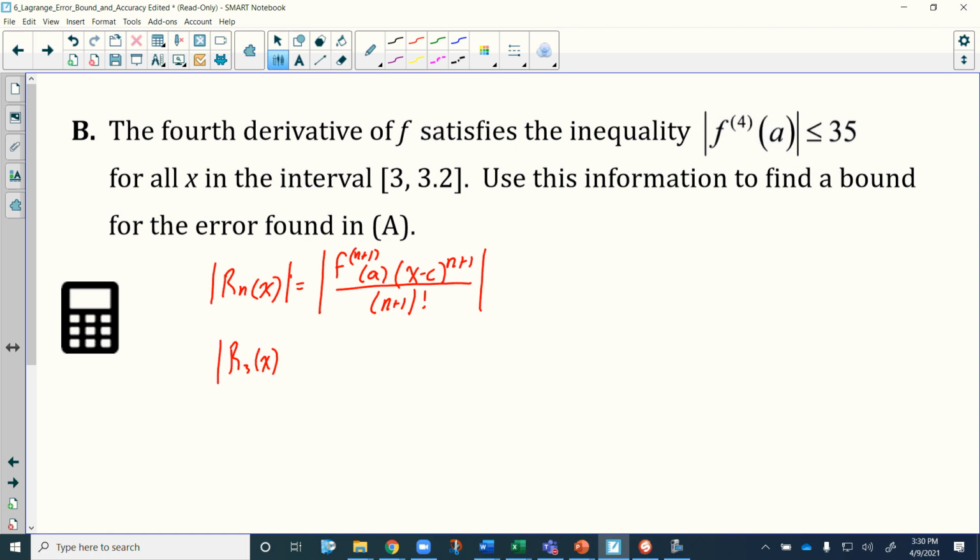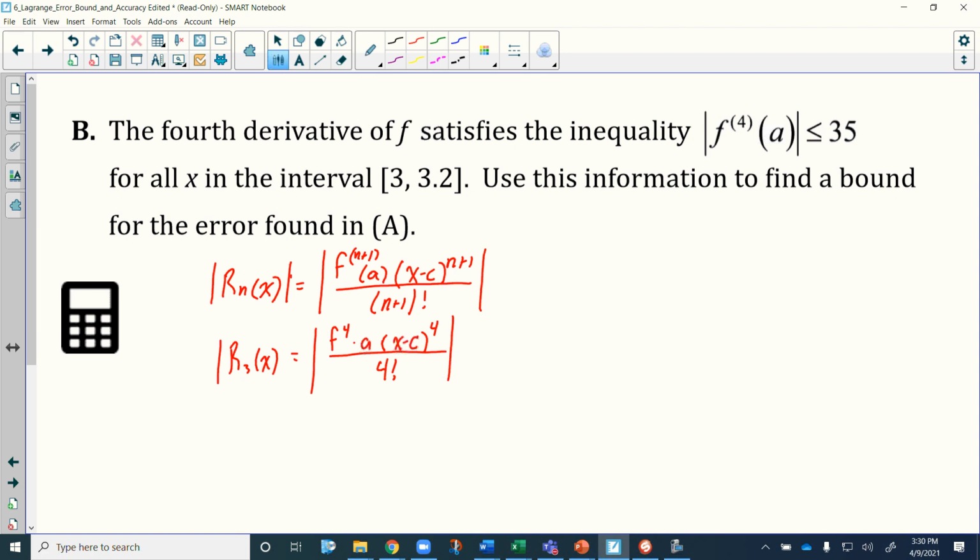And that's how we're going to get f of 4 here, because the 3 plus 1 is going to give me a 4, times a times the x minus c to the power of 4. And in the denominator, we're going to wind up again with 3 plus 1, so I wind up with 4 factorial in the denominator.